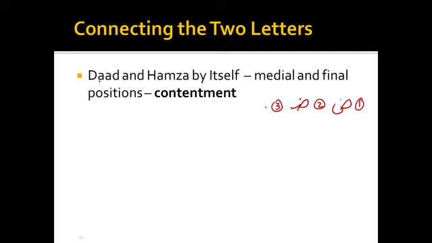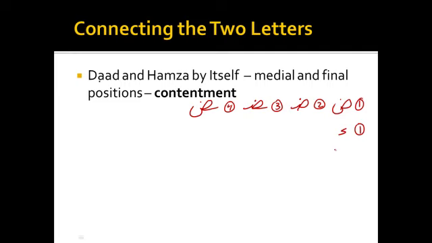In the medial position, it looks like this. And in the final position, looks like this. And the Hamza, in the initial position, it looks like that.